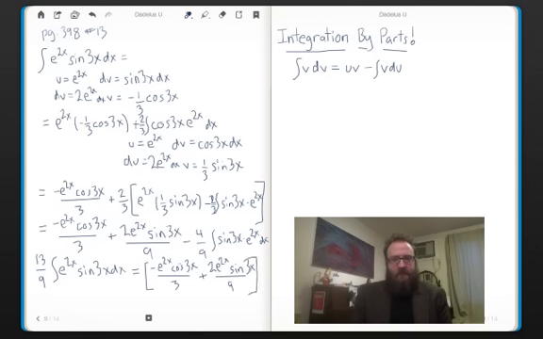So, in order to solve for the integral of e to the 2x sine of 3x dx, all we have to do is multiply by the reciprocal of 13/9, so that we can get just that original integral on the left-hand side and our answer on the right-hand side. So it's a pretty simple trick. We're going to multiply both sides by 9/13. Just a touch of algebra.